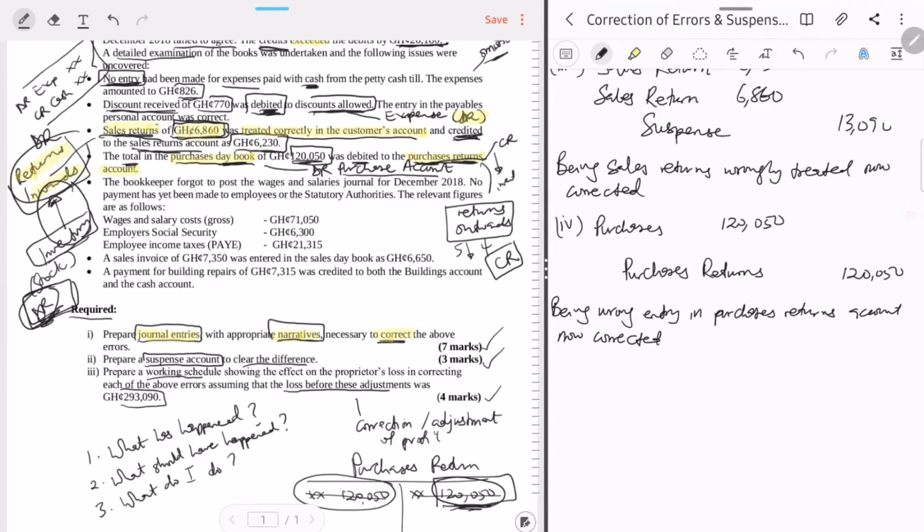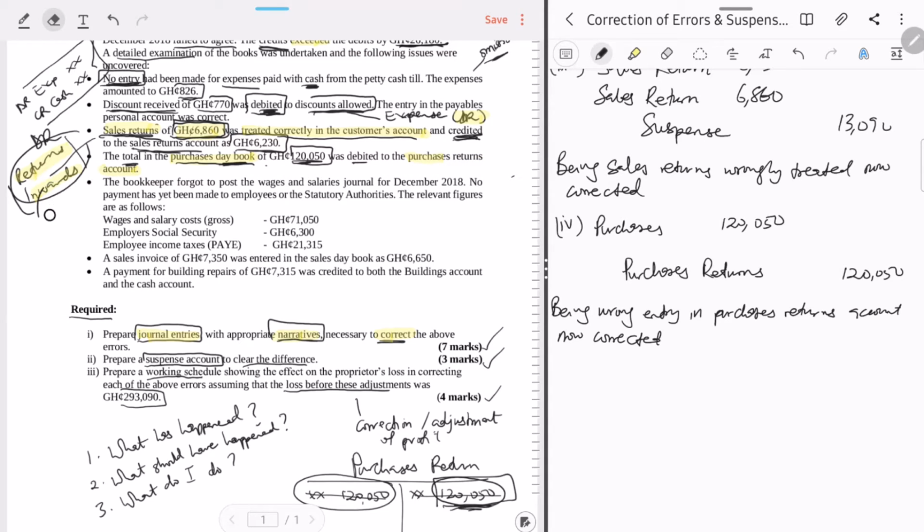The next one says the bookkeeper... This is slightly complicated, but don't worry, I'll break it down for you. Remember, my approach is let's start from something difficult, and then we work our way to what you should understand. Let me clean all of these. Okay, so they're saying the bookkeeper forgot.